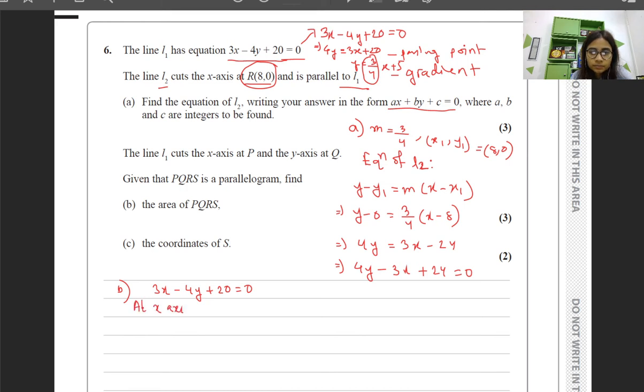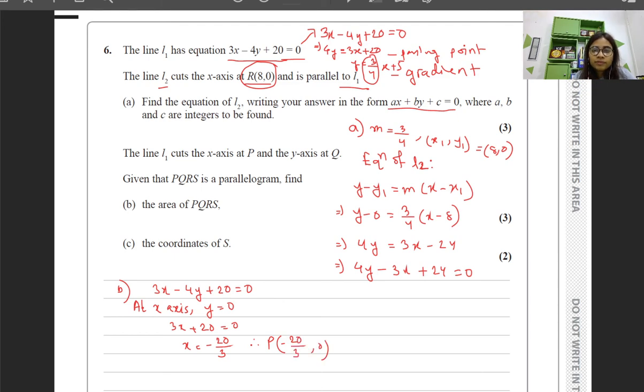At the x-axis, we know that y equals 0. That gives us 3x plus 20 equals 0, so x is minus 20 over 3. This gives us the coordinate P, which is minus 20 over 3 comma 0.